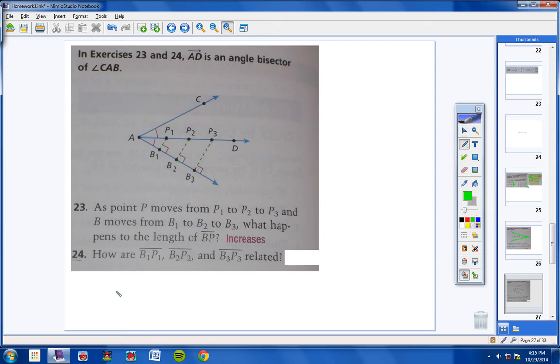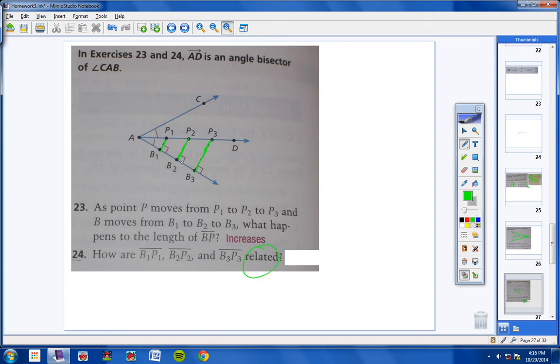Now, number 24. How are segment B1P1, so here's segment B1P1, and segment B2P2, and segment B3P3 right here, how are they related? Well, students, we know they're parallel. Mr. Arrowhead, how do you know that?